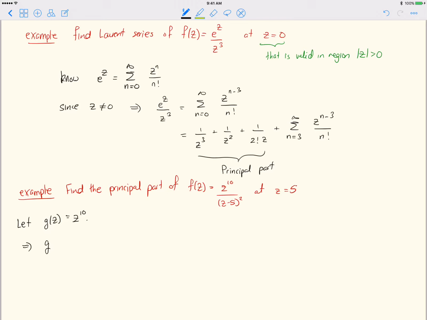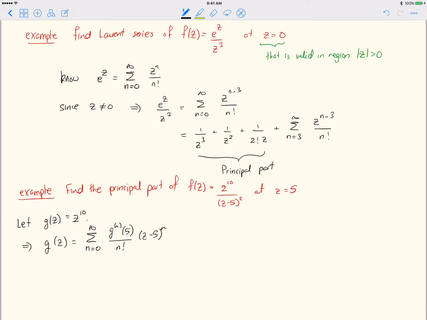Because g is entire, it's going to have a Taylor series expansion. So the formula for Taylor series is the sum from n equals 0 to infinity. And I'm going to do the Taylor series at z equals 5. So the formula becomes nth derivative at 5 on n factorial times z minus 5 to the n.